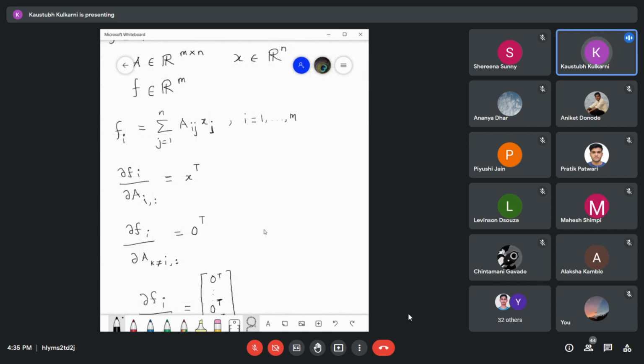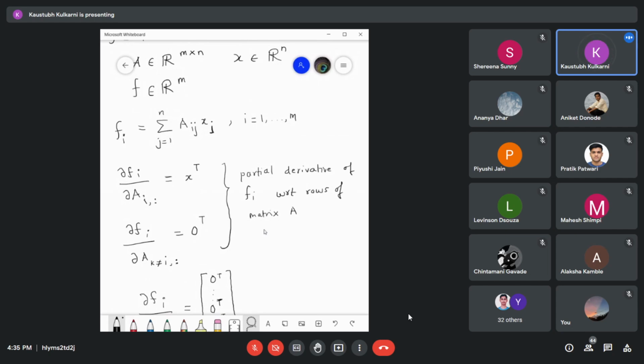Now these are the two rules for finding the partial derivative of fi with respect to rows of matrix A. If the row number is i for the function fi, for example if we have f3 and the row number is also 3, fi and ai match, then the answer will be x transpose.